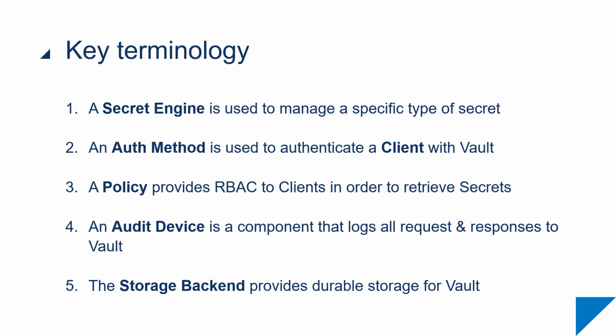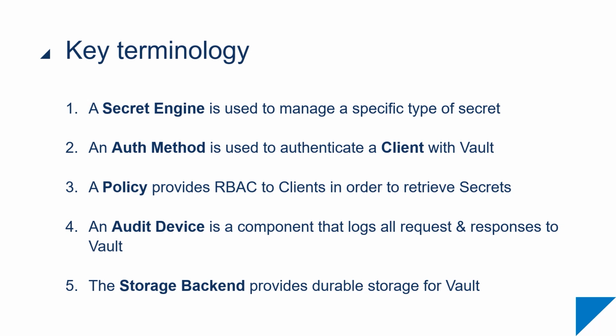Before we go to the demos, there are some terminologies that Vault uses which are important. The secret engine is the plugin in Vault that can manage a specific type of secret. So, for example, you have a key value store secret engine, where you can store key value secrets.